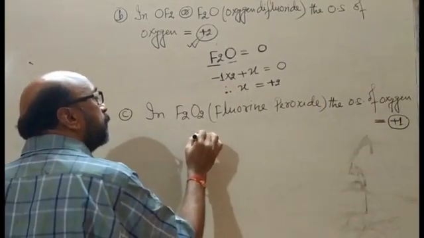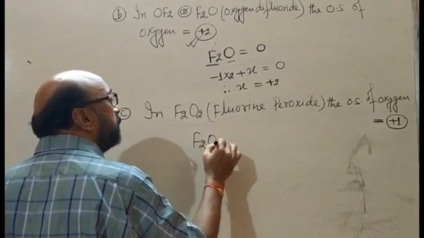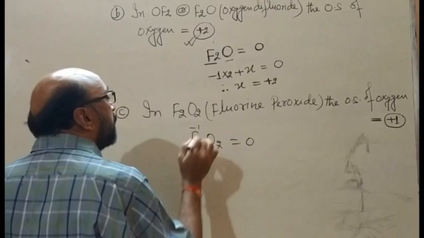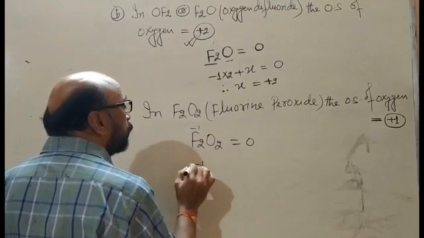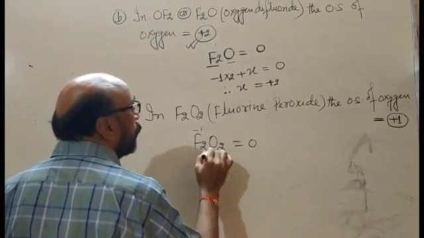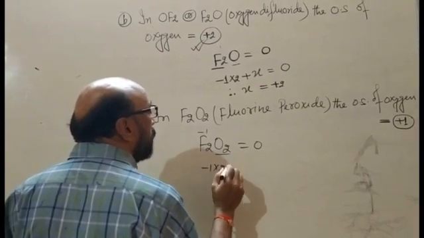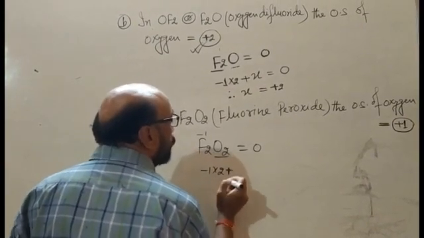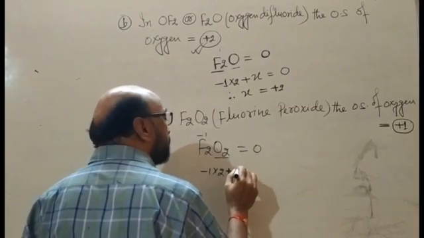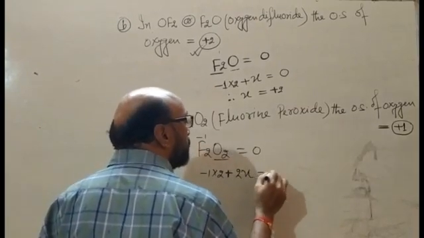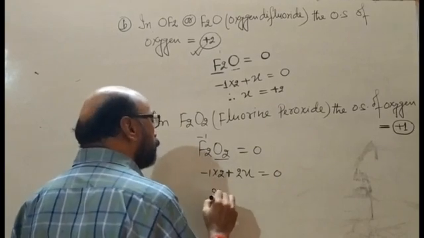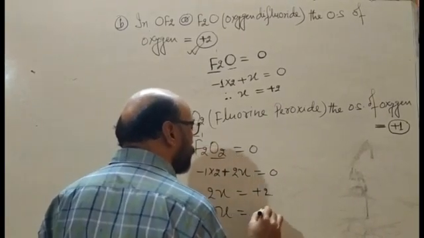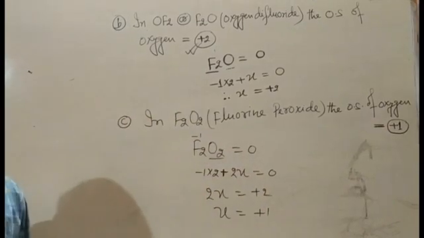Again you may calculate it. F2O2 is equal to 0 and fluorine is minus 1 always. Minus 1 into 2, plus 2X, where X is the oxidation state per atom of oxygen. So 2X is equal to plus 2. Therefore X is equal to plus 1. Right?